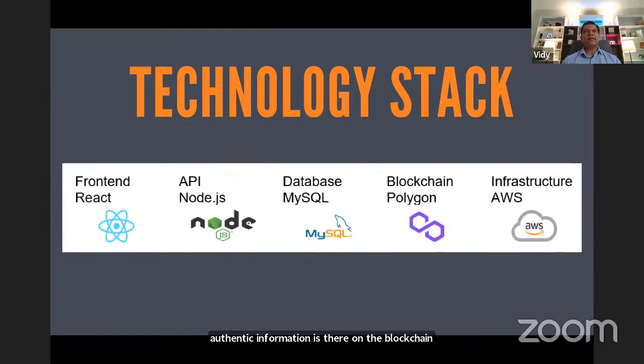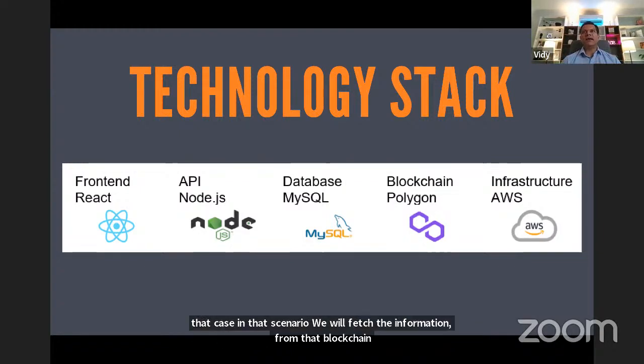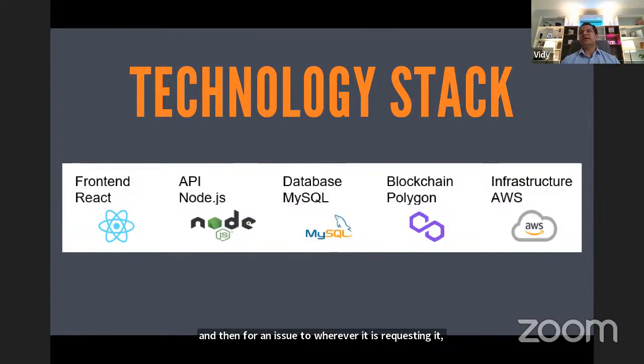In that scenario, we will fetch the information from the blockchain and furnish it to whoever is requesting it. Otherwise, we can rely on the SQL database because relational database technology has evolved over, I don't know, 30, 35 years.